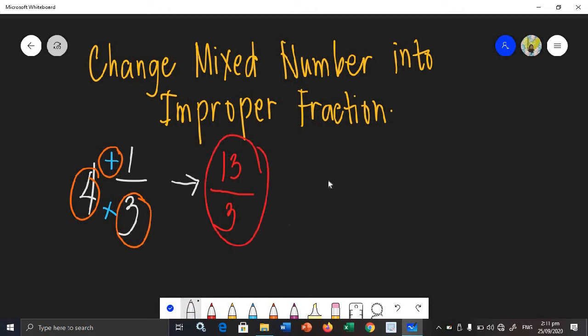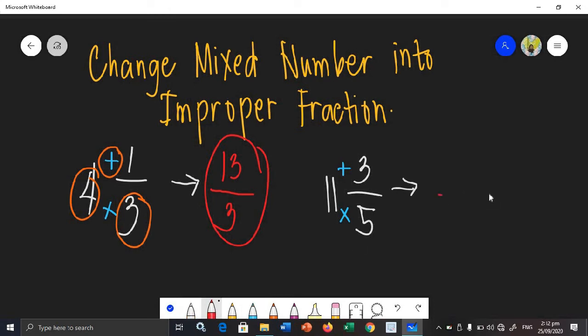Another example, let's say we have 11 and 3 over 5. So, you need to multiply 11 and 5 and then add the product to 3, okay? And that will be your new numerator. And then, you will just be copying the denominator. Okay?